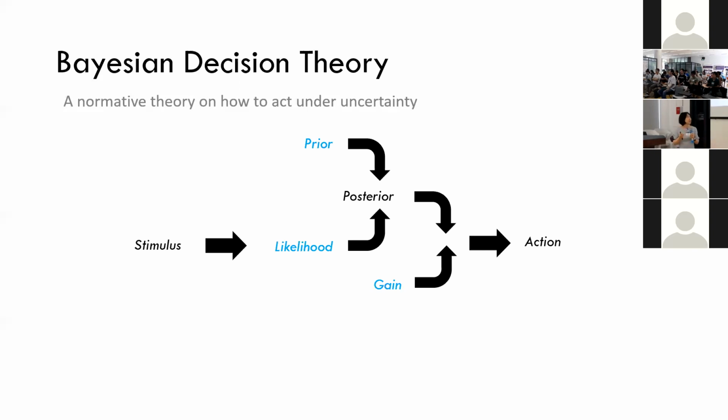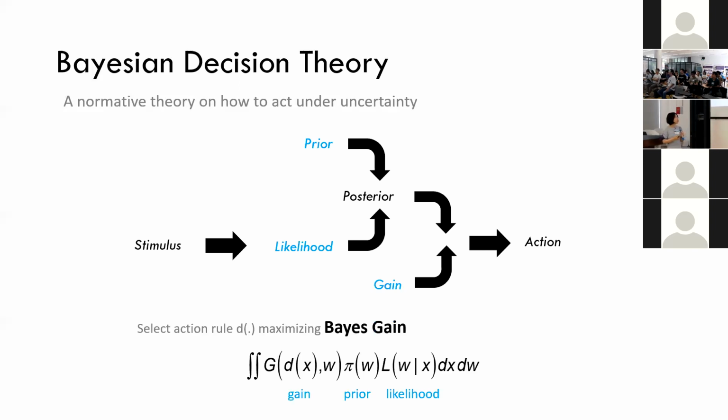Based on this, you would act. What you would do is select the action rule maximizing Bayesian gain. Here come many notations, but I'm not going to introduce them here because we will come step by step next.